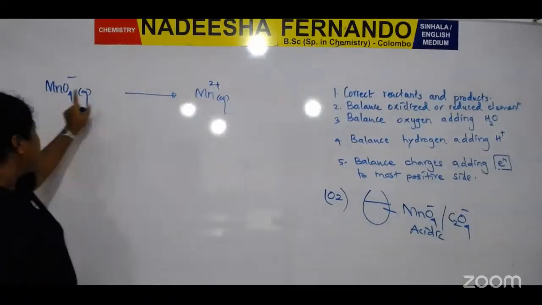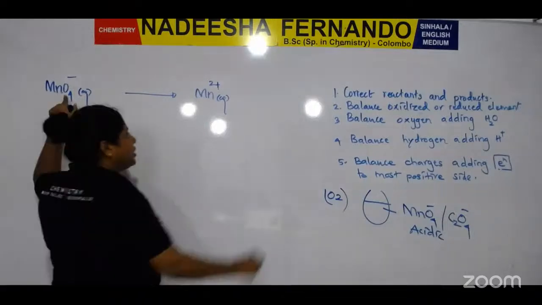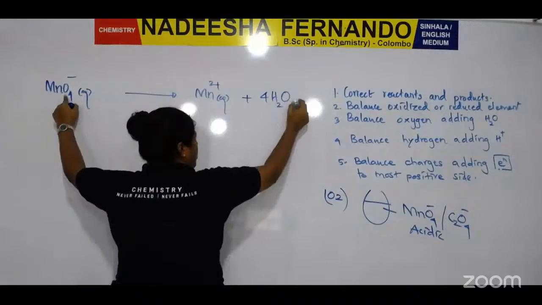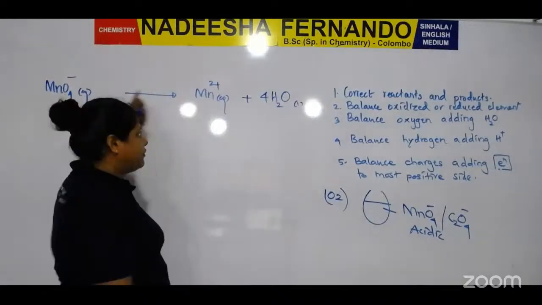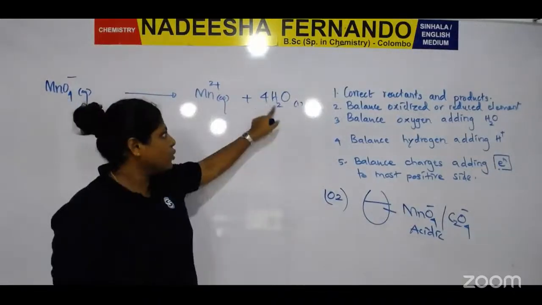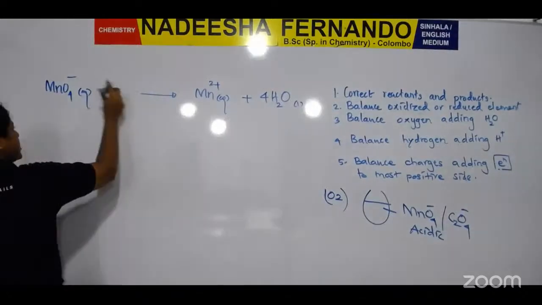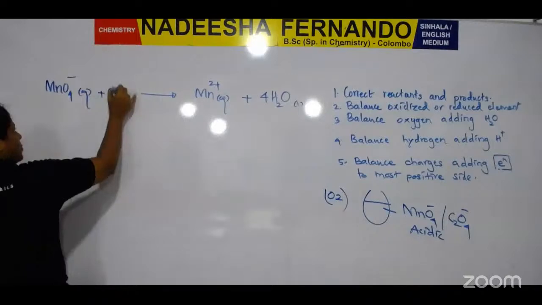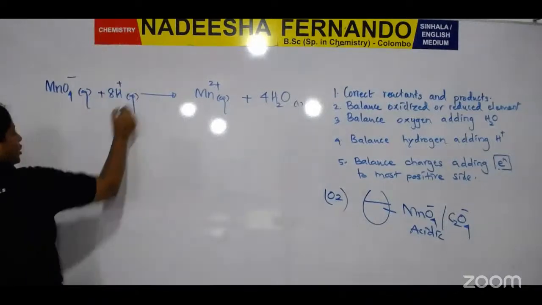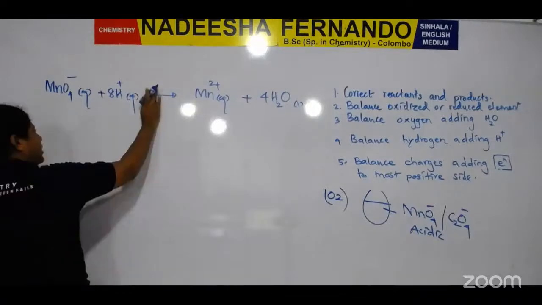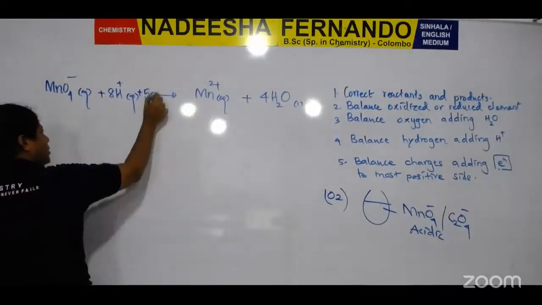To balance the oxygen, you need to add water to the product side, 4H2O liquid. When we add 4H2O, 4 into 2, 8 H pluses. We have added 8 H pluses here, so here 8 H pluses. To balance the charges, now you know we need to add 5 electrons to the reactant side.